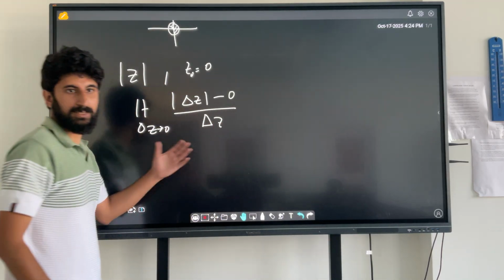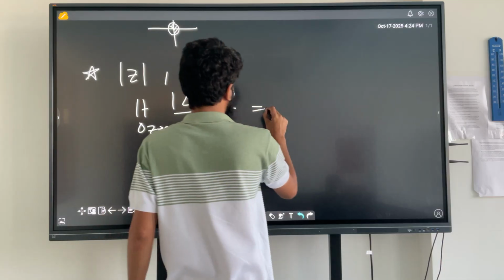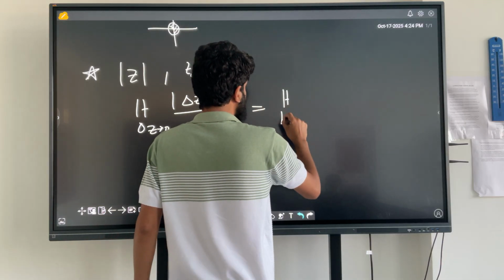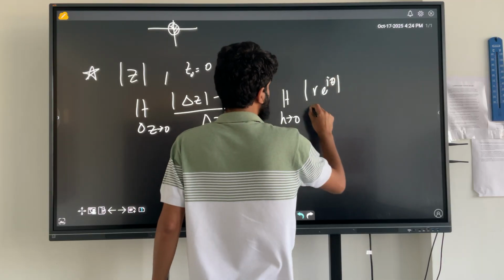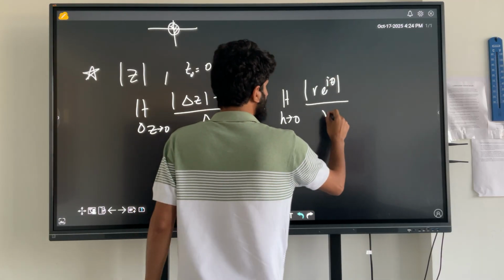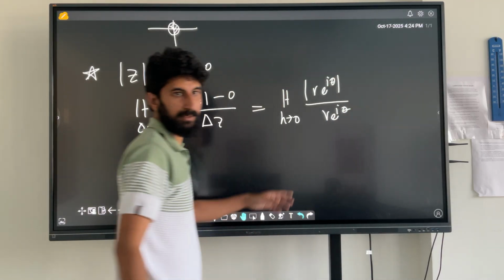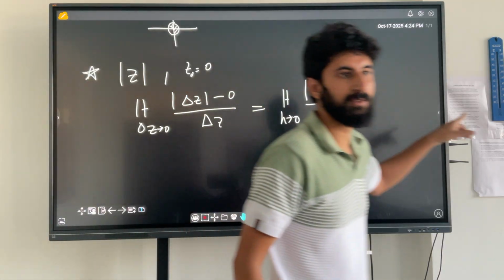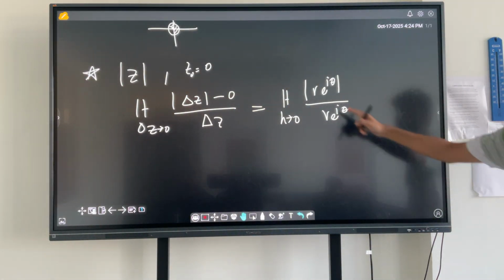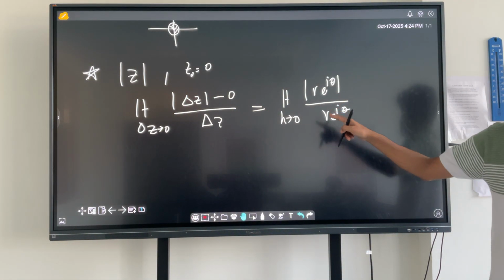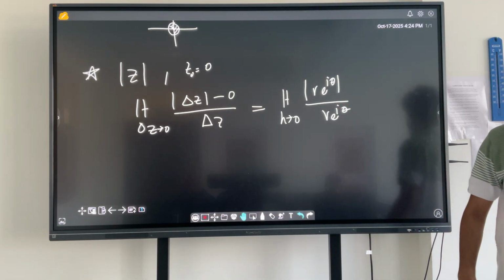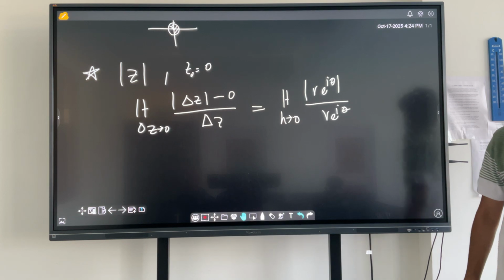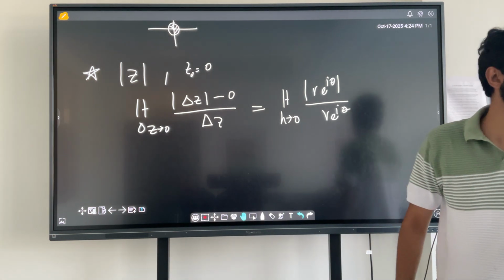But what does this mean operationally? Let delta z equal h e^{i theta}. Then we get mod h e^{i theta} divided by h e^{i theta}, and this should be independent of theta. What is mod of h e^{i theta}? It is h, since the mod of e^{i theta} is 1: mod of a b is mod a times mod b.